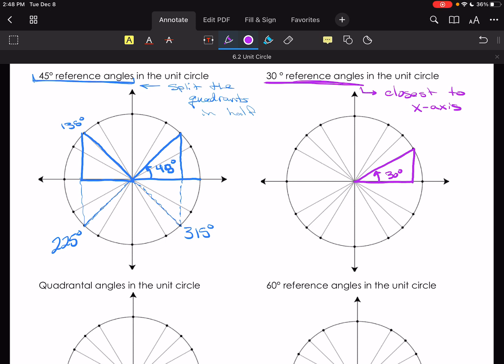So there's my 30-degree reference angle in quadrant 2. 180 minus 30 would give me the 150, and it's the angle measure closest to the x-axis. So that would be 150 degrees of rotation.